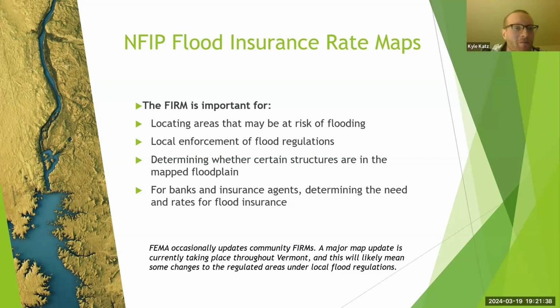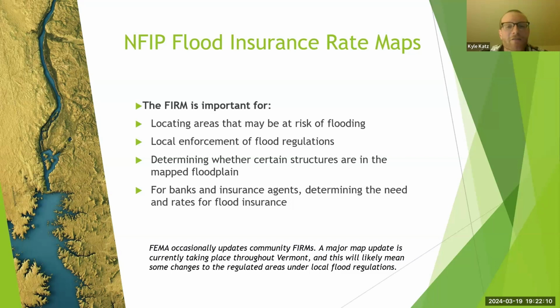The FIRM is important for locating areas that may be at risk of flooding, such as along rivers, lakes, or large streams. It's also important for local enforcement of flood regulations. The map delineates the special flood hazard area, which is the regulatory boundary where flood regulations kick in for any development within the flood zone.